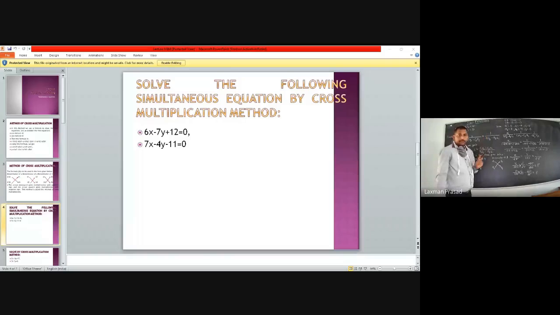And if there are two equations, first find out the values of a1, a2, b1, b2, c1, c2. The moment you have the values, put them in this formula. By solving this sum, you get the value of x and the value of y. Okay.